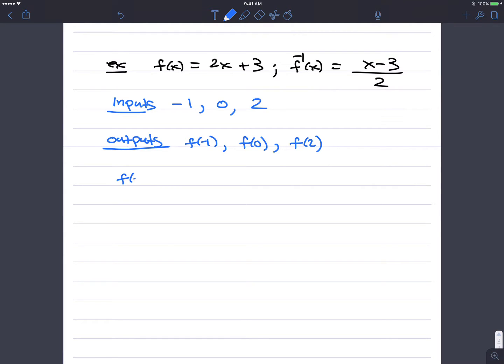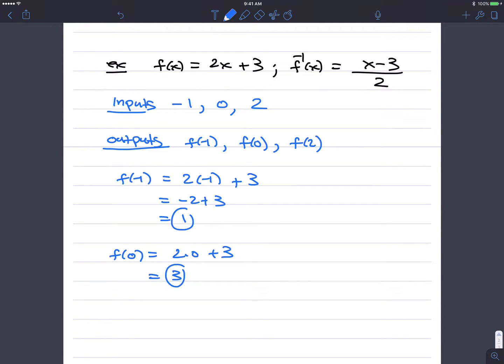Okay, so let's find the value of f of -1. You guys did your homework, right? Plug in -1 for x, and don't you get 1? Let's find the output when the input is 0. That's 2 times 0 plus 3. What do you get? That's 3. Good.